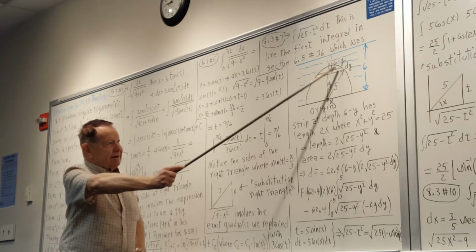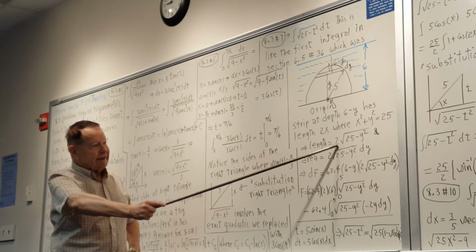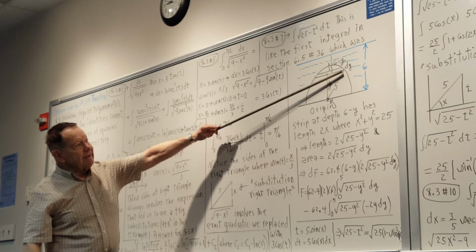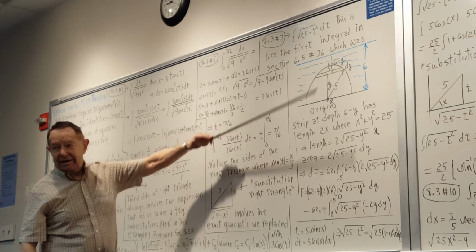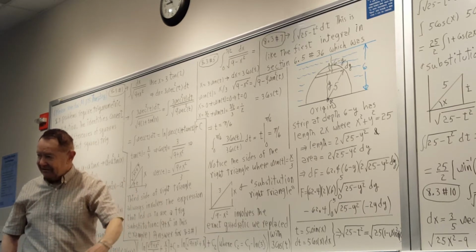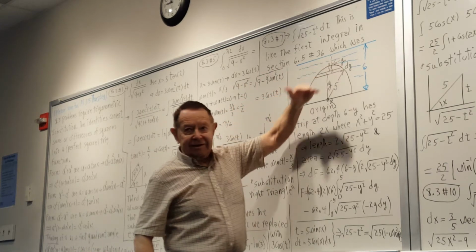That's there to there, and it's the same going to the left. So your length of your slice is 2 square root, and that times dy is the area, and then density times depth times that area is your force against this.